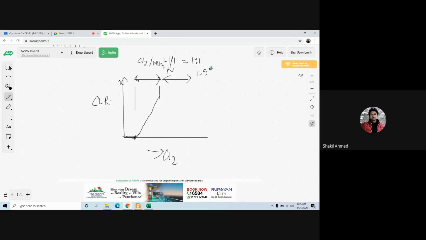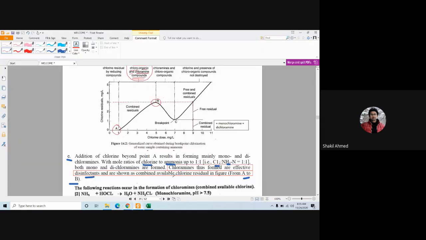That means the chlorine ratio is 1.5 and ammonia nitrogen is 1. Relatively, chlorine concentration now is higher.